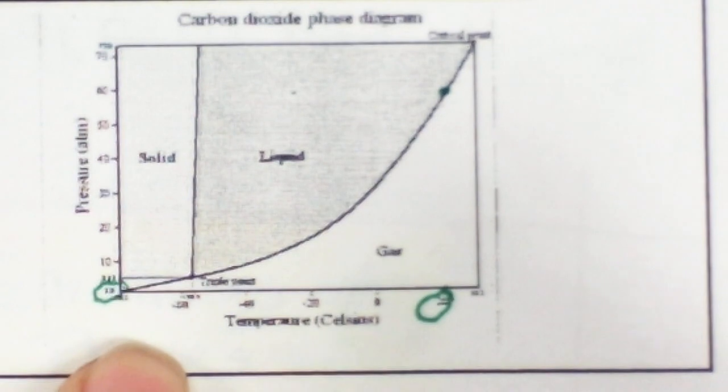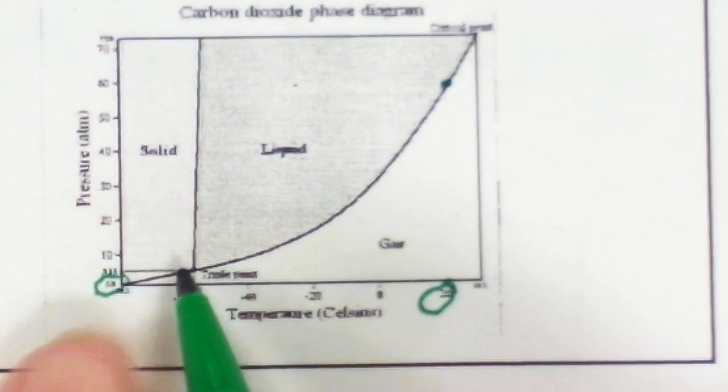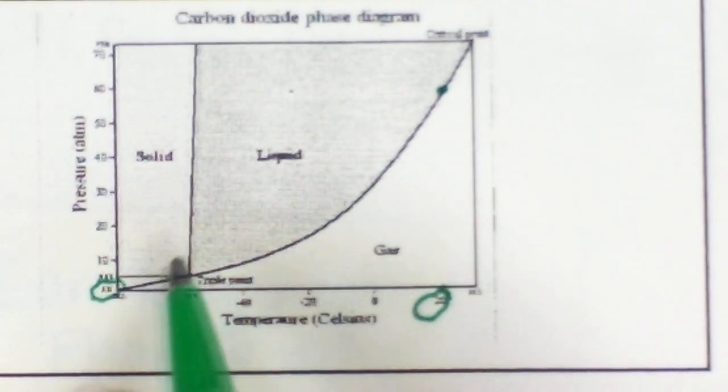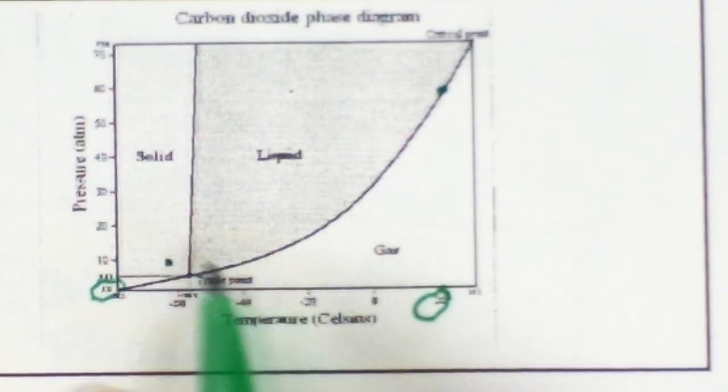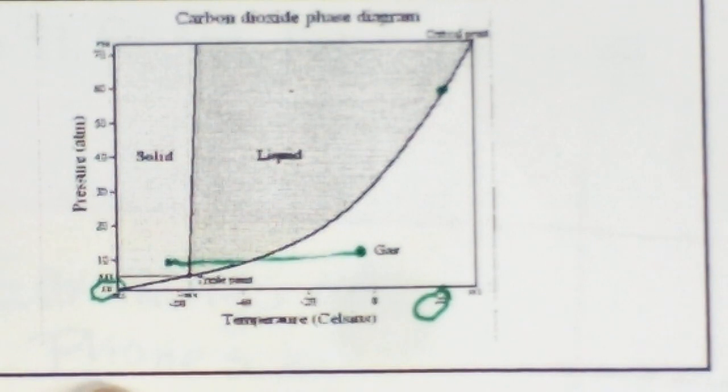And at 10 ATM, it would be in your freezer at the grocery store. And then it would be solid, and you would pick it up in a chunk right here, about here. And then you would take it home. And when you get it home, right here, it would be turning to gas. So it would be subliming. So having liquid carbon dioxide just wouldn't even work.